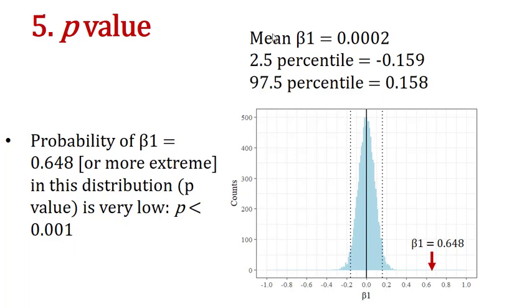Okay, so the p-value is that. What's the probability of obtaining that value? Actually, that value or more extreme. And I'm going to explain what more extreme means. Okay, so more extreme, let's look here at this case.